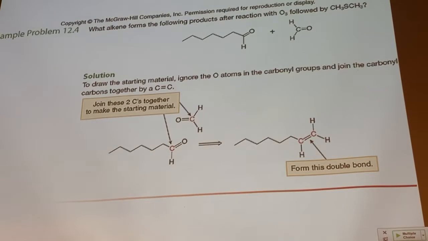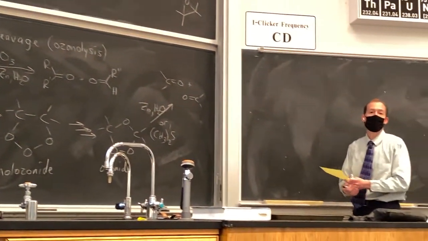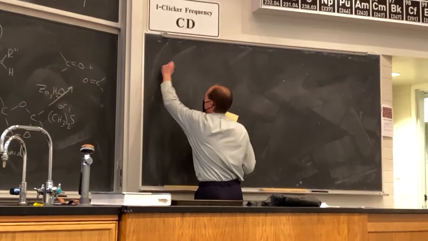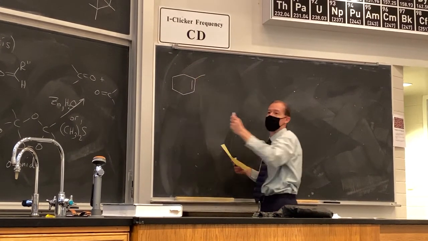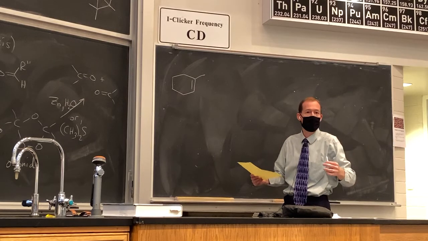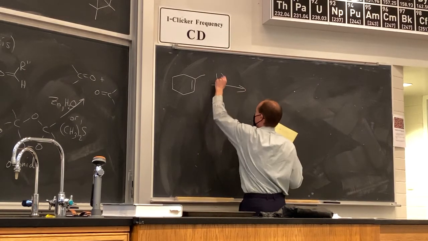We can also perform an ozonolysis on a cyclic alkene. And instead of converting that alkene into two products, it's just going to open the ring. Okay?